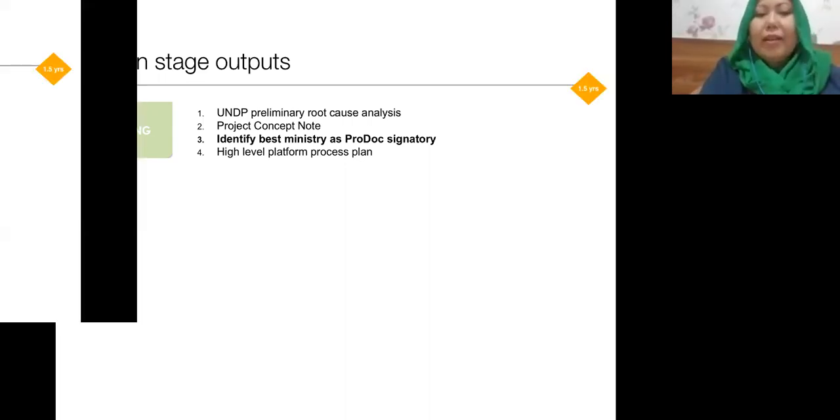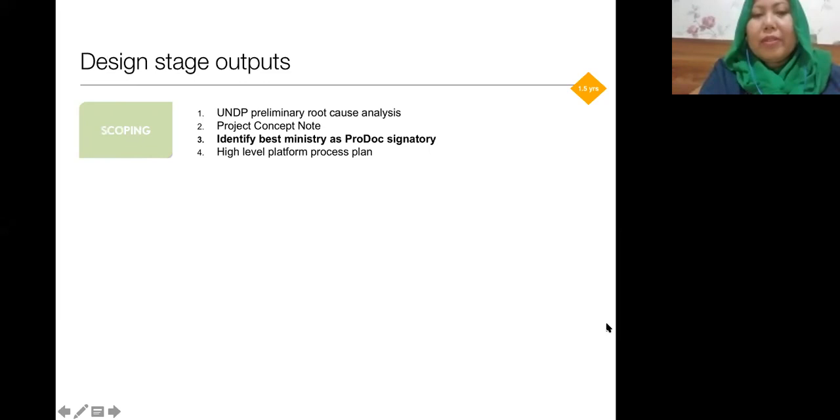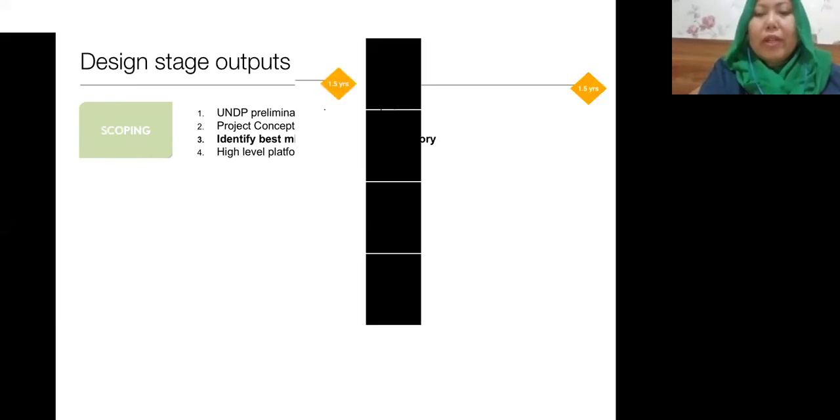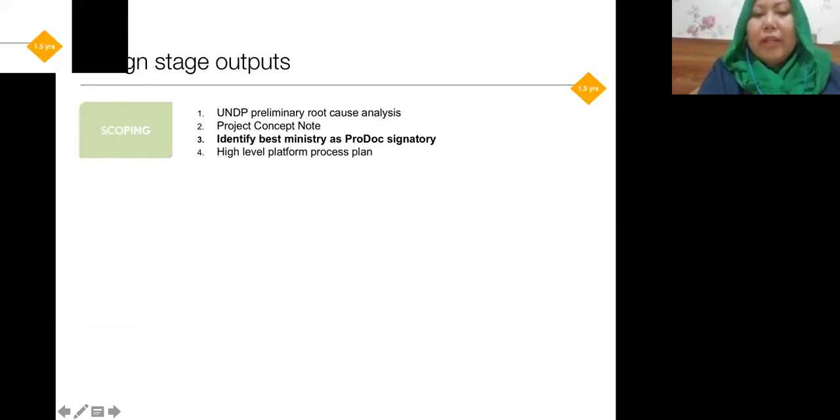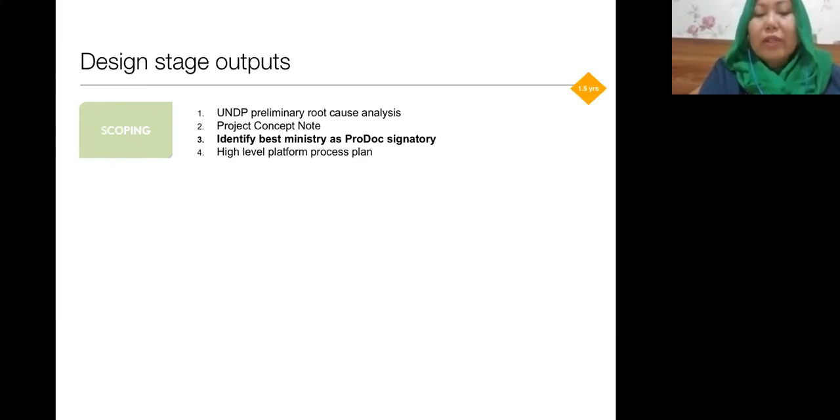Thanks, Liz. For the ministry or our counterpart, it's important because they are the key organization or key person who's going to lead the project or the platform. In the case of Indonesia, we identified the Ministry of Agriculture to be the lead agency for the project as well as for the platform.